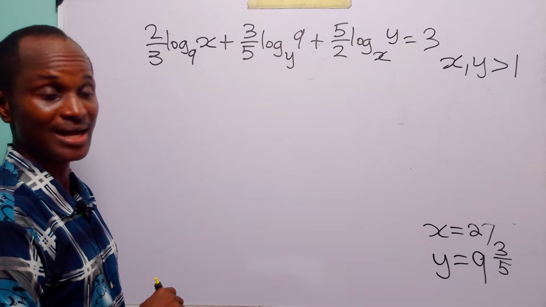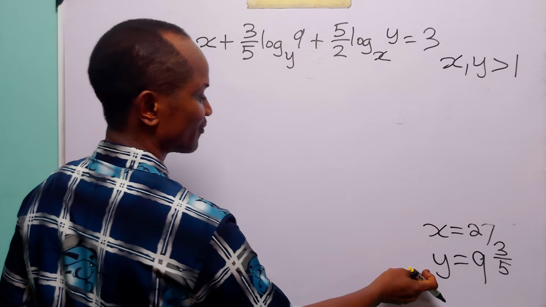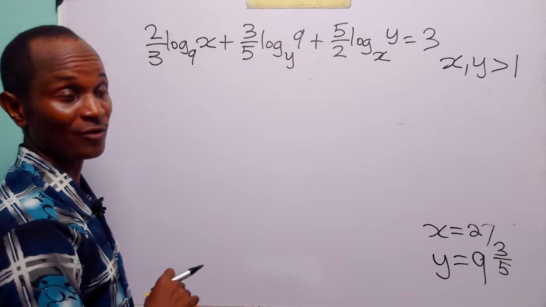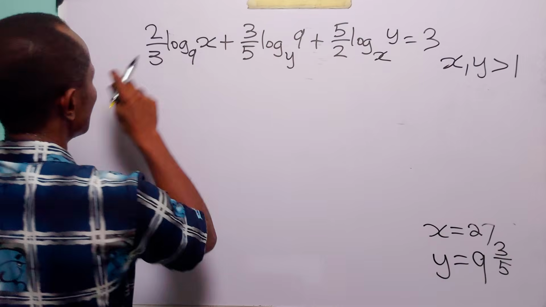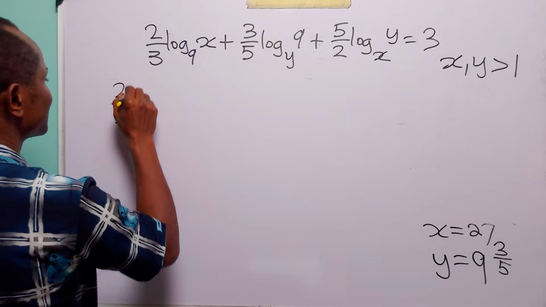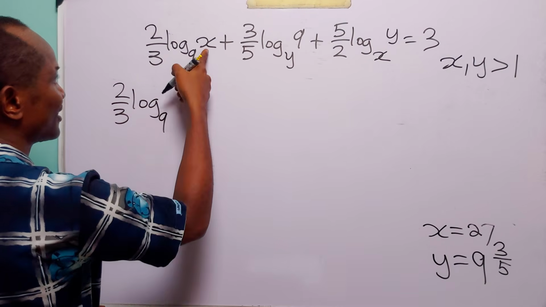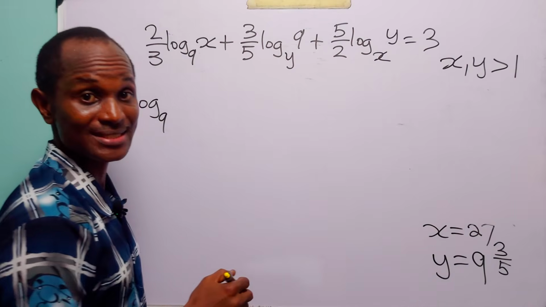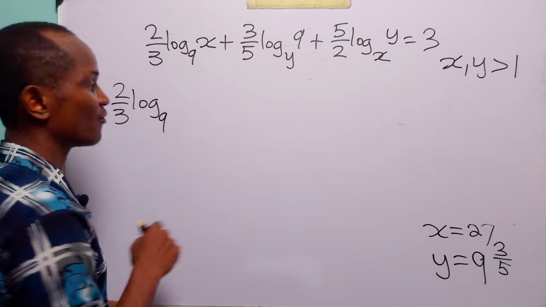And finally, to check our answer, let us substitute these values of x and y into the left-hand side of the original equation. We have 2 over 3 times log to base 9 of x. X is 27, which is 9 to the power 3 over 2.